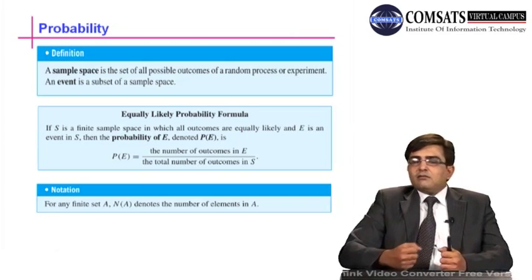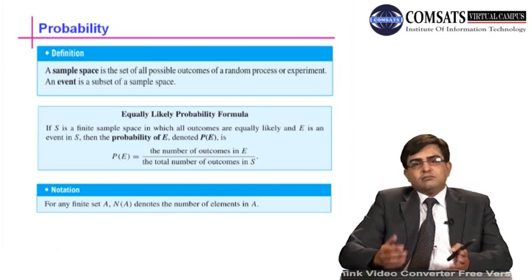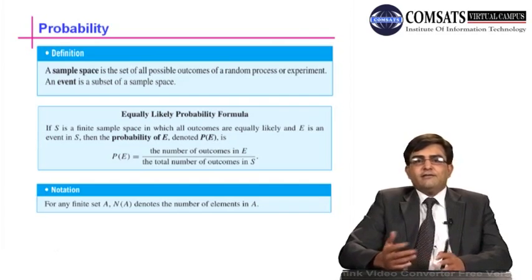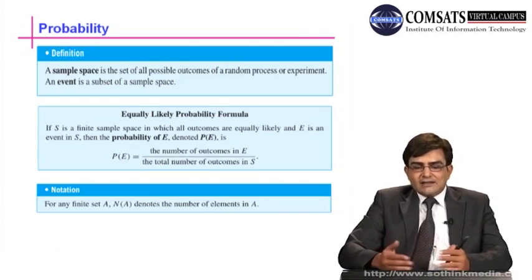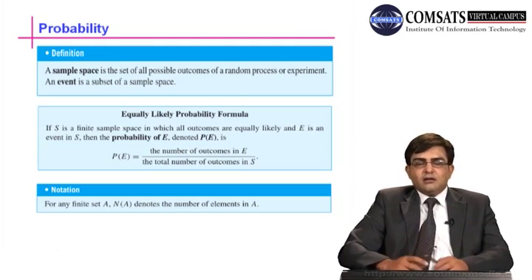One time the outcome could be 2, the other time 5, 3, 1, 6, anything. Such a process in which you cannot tell the outcome is basically called a random process or an experiment.